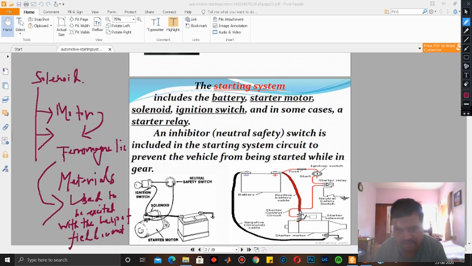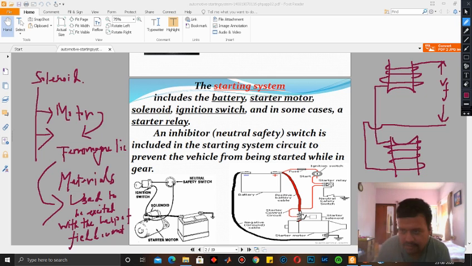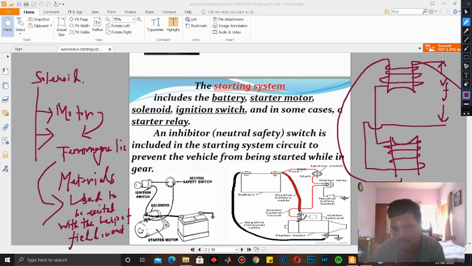So let us draw that particular thing. Suppose you have two ferromagnetic materials connected to a frame which is known as the rotor frame.